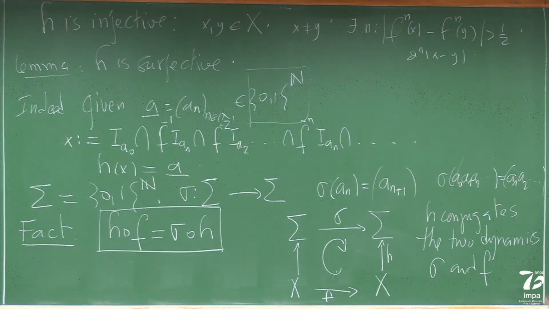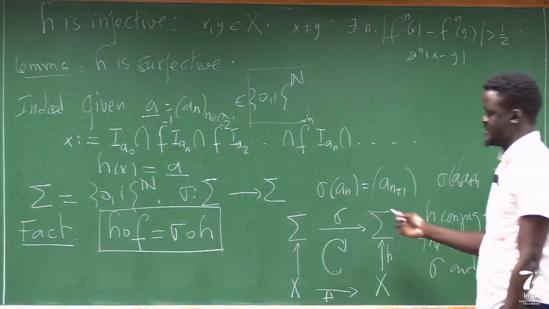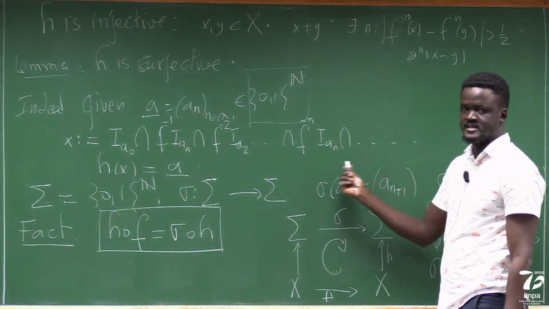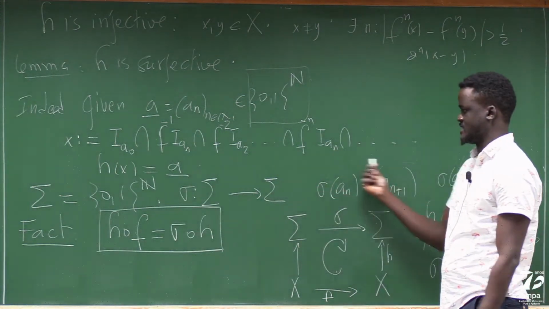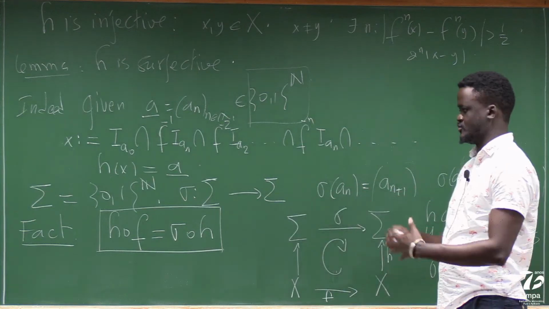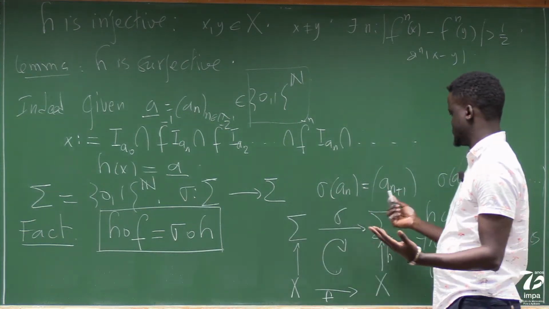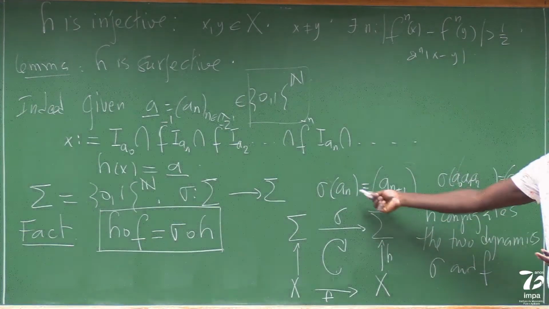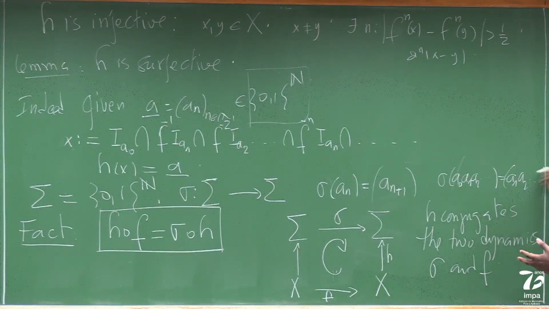Now, why is this useful? Because this dynamics is a priori easy to understand. It is just a shift map. You know what the fixed points are here: 0, 0, 0, 0 or 1, 1, 1, 1.